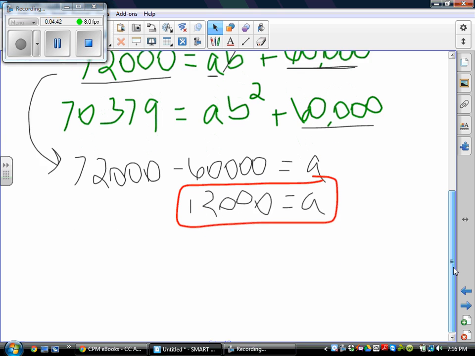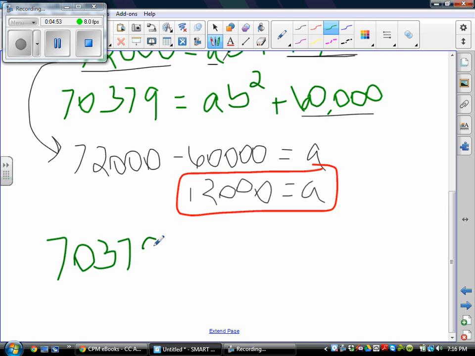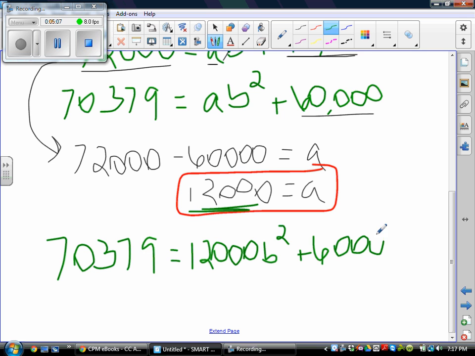I'm going to plug into my second equation: 70,379 equals, now I'm going to plug in this value for a, 12,000 times b raised to the second power still, plus 60,000. I only plug in the value for a.